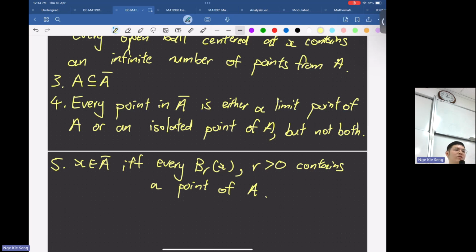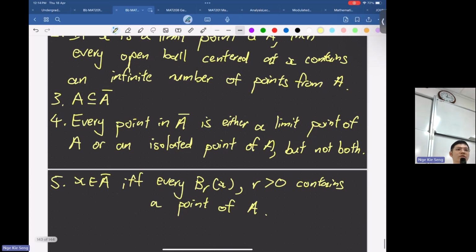There's a reason we put 1, 2, 3, 4, 5. We can use 4 to talk about points in A bar. If you have a point in A bar, you are either a limit point or an isolated point. If you are a limit point, let's go from left to right, then the statement on the right is surely satisfied.